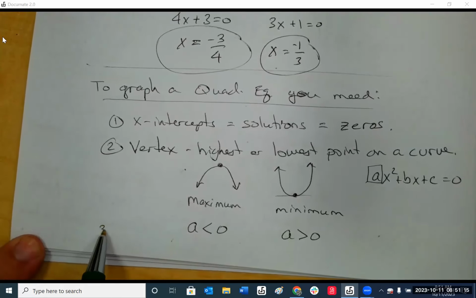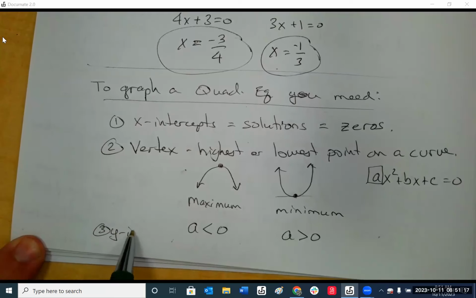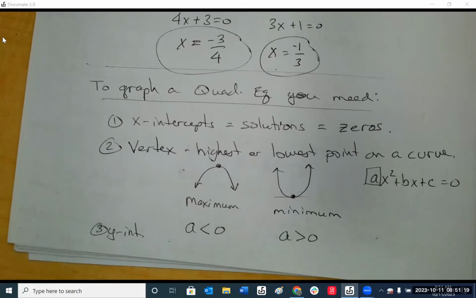And another thing we need is the y-intercept. Because once we find the y-intercept, we can find its symmetric point on the other side of the graph. Because remember, the graph is symmetric.